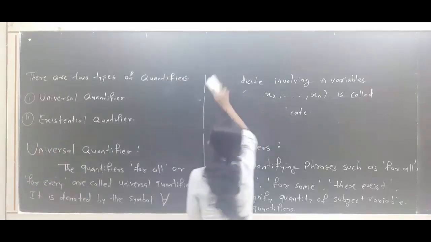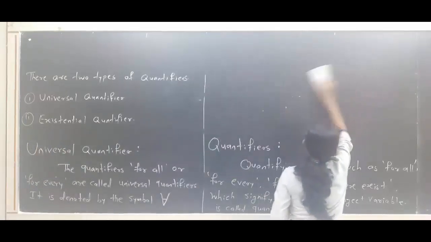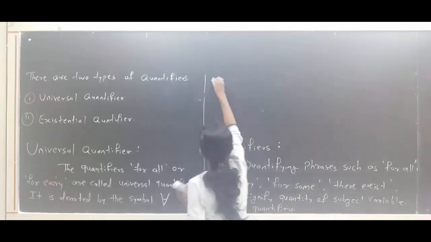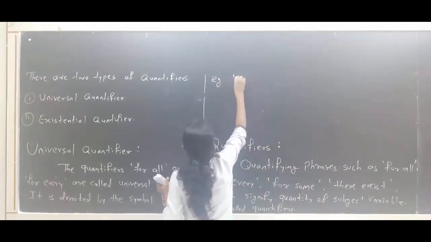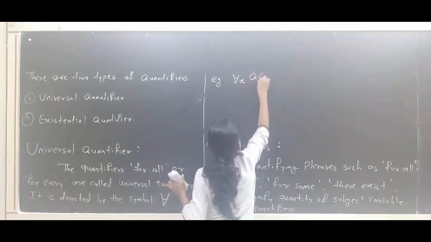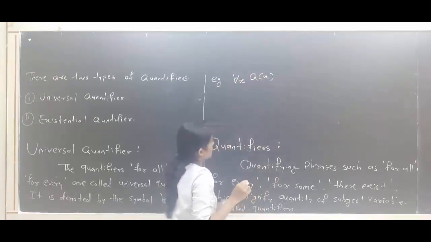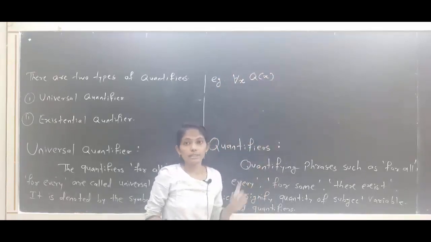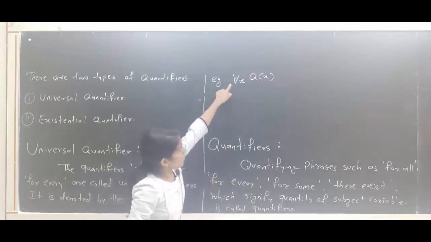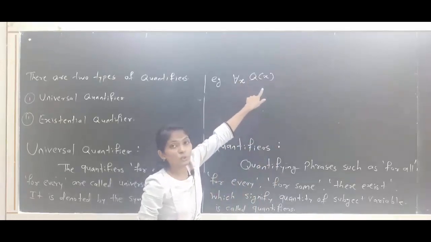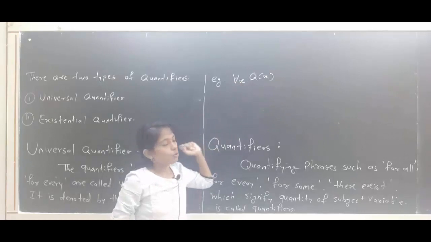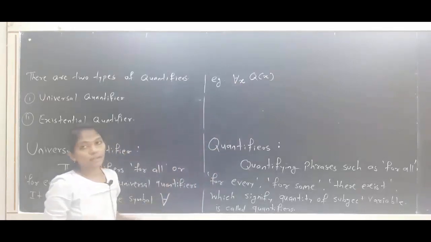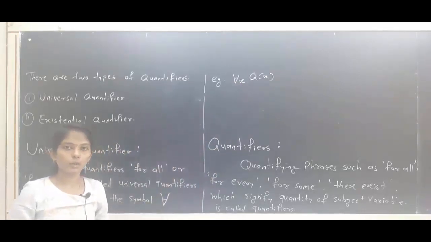For example, for all x, q of x. So we read this as for all x, q of x, right? So this quantifier is called universal quantifier.